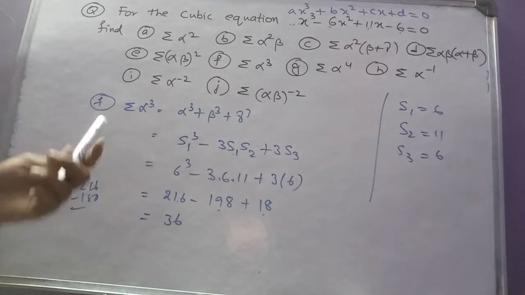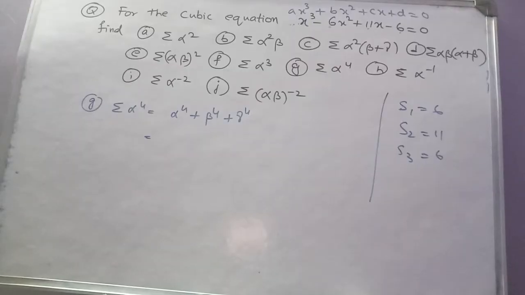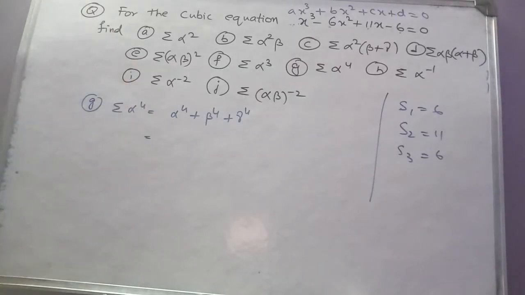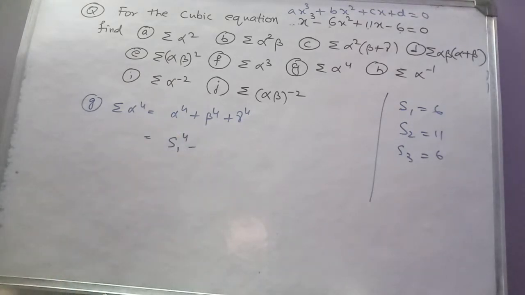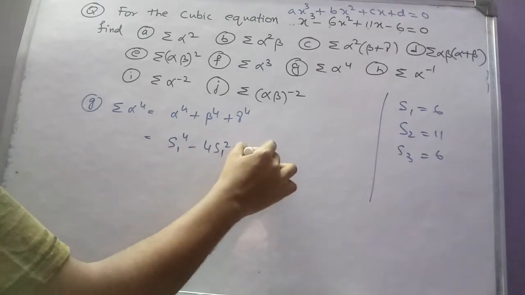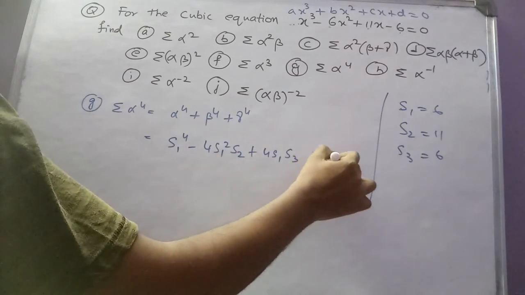So next we will see what is sigma alpha power 4. The formula we have already derived, right? The formula for alpha power 4 plus beta power 4 plus gamma power 4 is s1 power 4 minus 4 s1 square s2 plus 4 s1 s3 plus 2 s2 square.